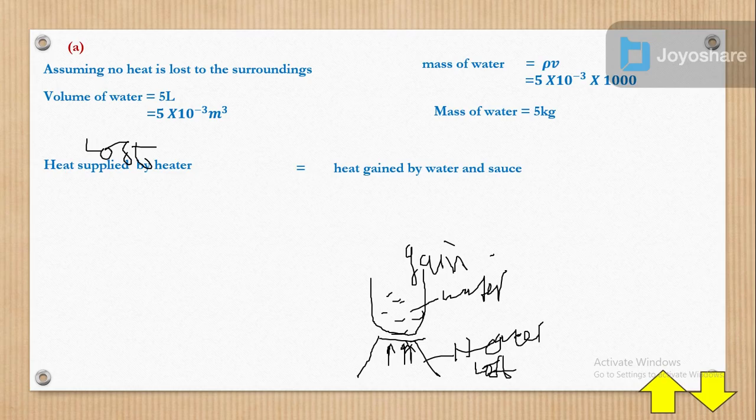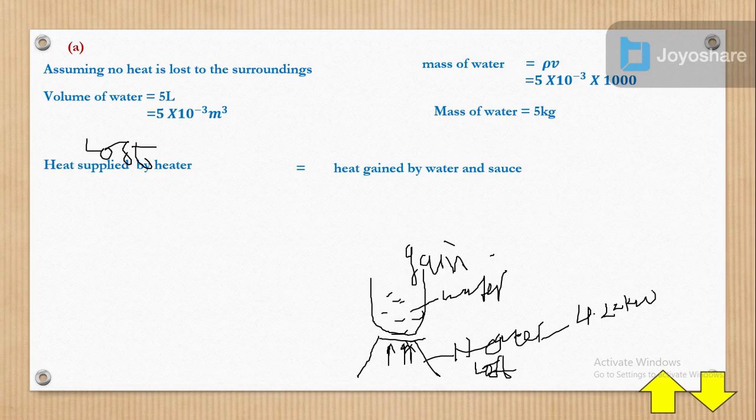Now, where is the heat lost? It is the heater. How is the heater rated? It is 4.22 kilowatts. That's how it is rated.